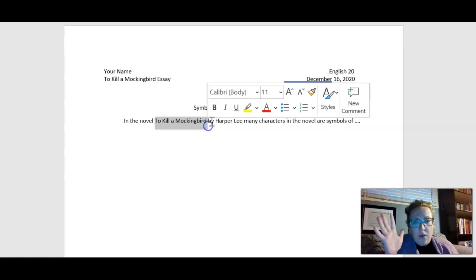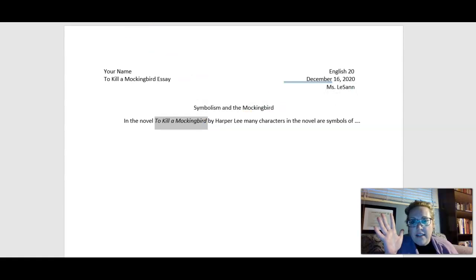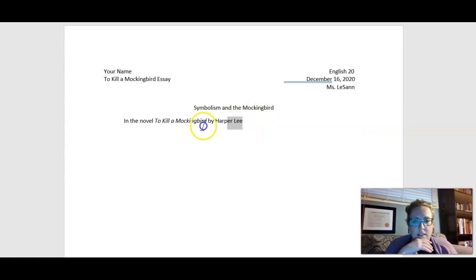Remember that you are going to italicize To Kill a Mockingbird. This is the important part. We would have in the novel To Kill a Mockingbird by Harper Lee, or in Harper Lee's novel To Kill a Mockingbird, however you want to say it.